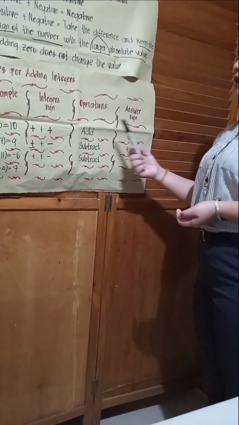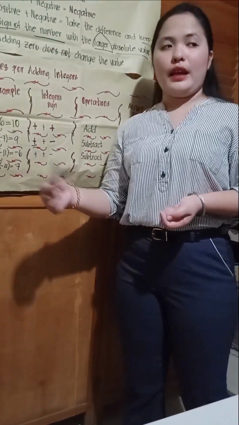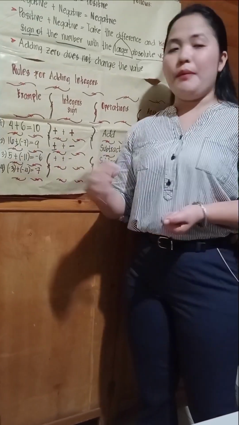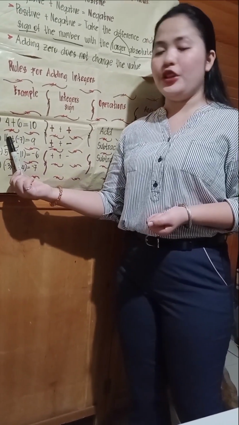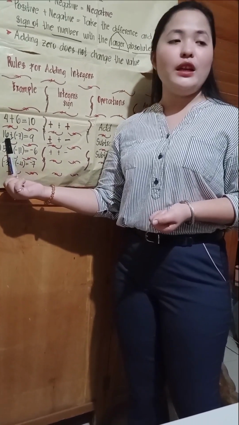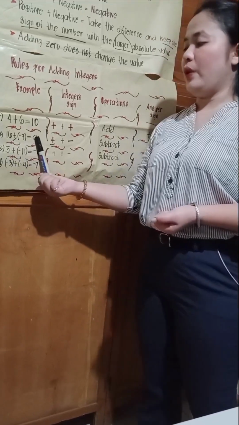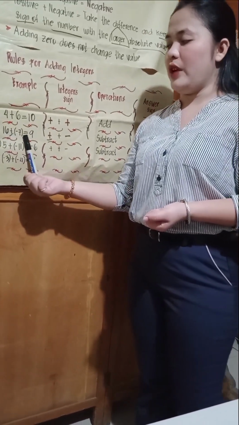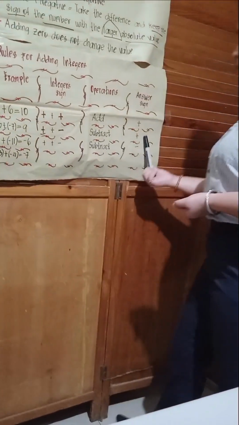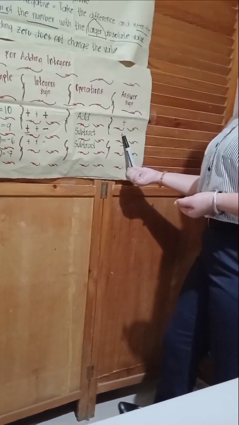So answer sign is positive 9 kasi ang mas malaki na number dito, the larger number, is 16, and the sign of 16 is positive. So our difference of 16 plus negative 7 is equal to positive 9. So here, answer sign is positive.